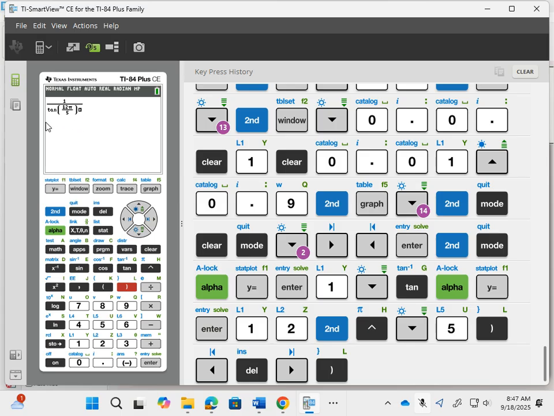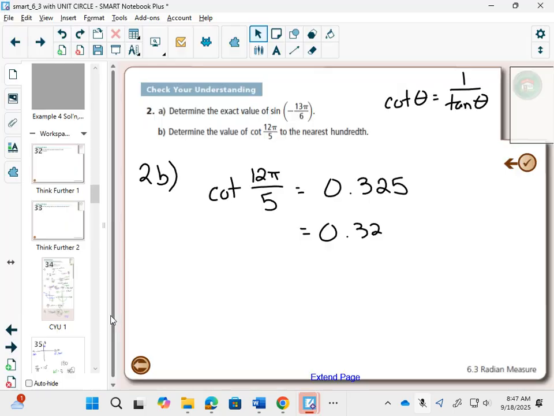So notice the angle doesn't change. And I get 1 over tan of that angle. I push enter, and I get the 0.3249.